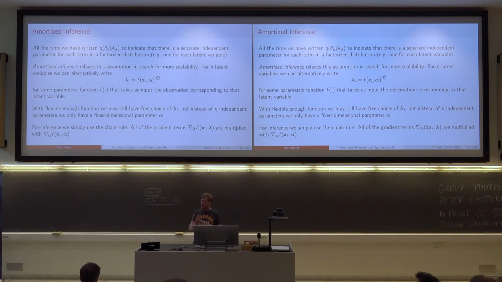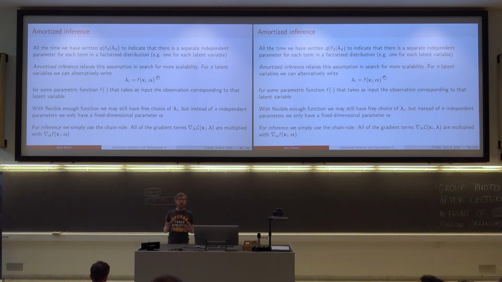It's a bit weird why we want to do this, but think, for example, of a case where you have 1 billion latent variables, each parameterized by a 2-parameter vector of mean and variance. Then you have 2 billion parameters in your model.